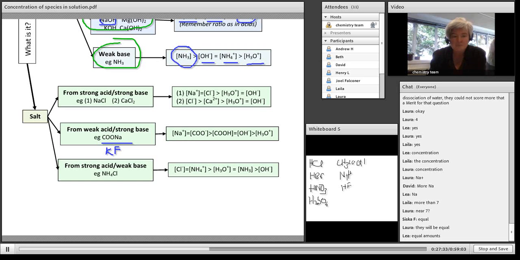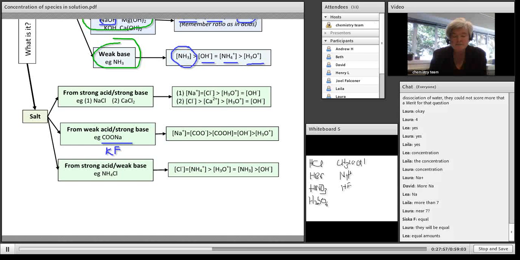So if they have, for instance, sodium benzoate, that has come up in the past because sodium benzoate is used in food as a preservative and all that sort of thing. But you aren't expected to know that benzoate is a weak acid. They would have to tell you it's a weak acid, or they'd have to give you the Ka so that you can recognize it's a weak acid.